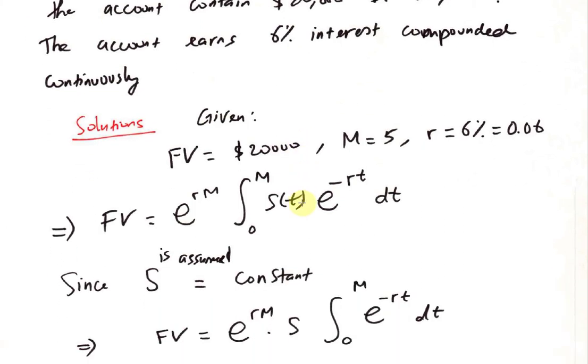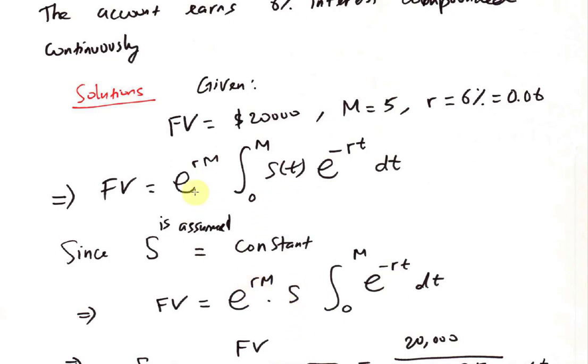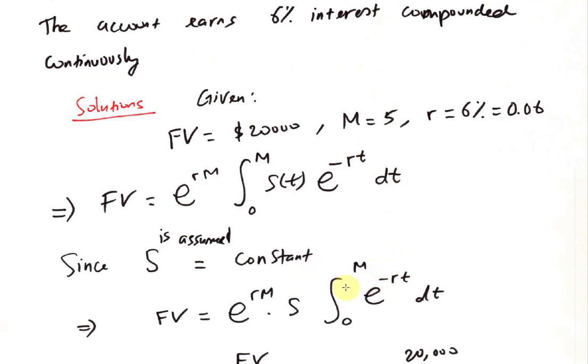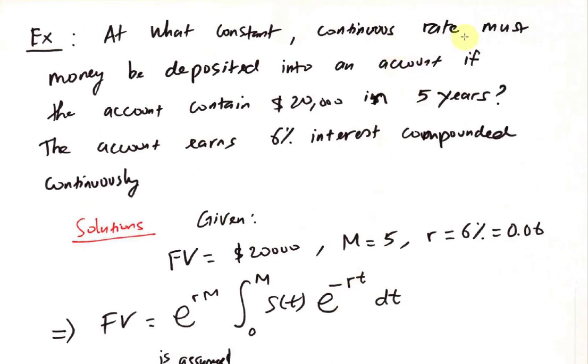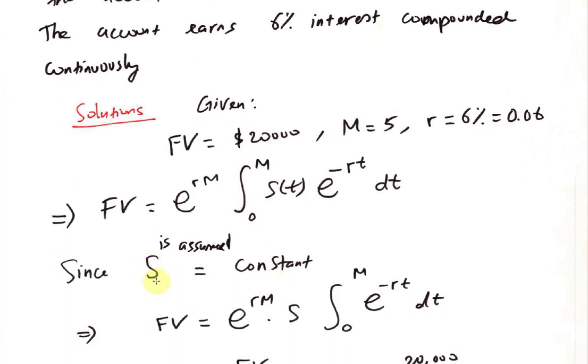So because S of T is a constant, I can pull it outside of the integral. Any constant, we bring it outside of the integral. So e to the rm, S, bring it outside. And then we have the integral from 0 to m, still e to the minus rt dt. We are looking for S, the continuous rate of money.